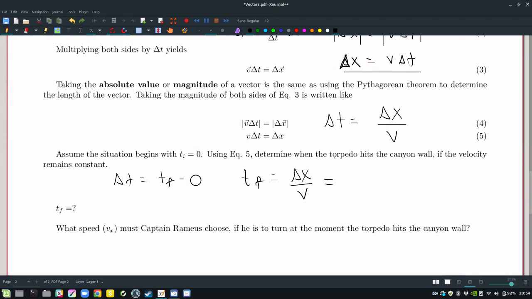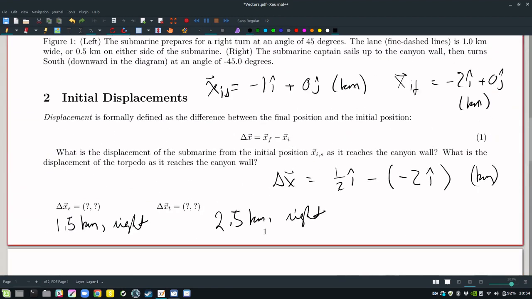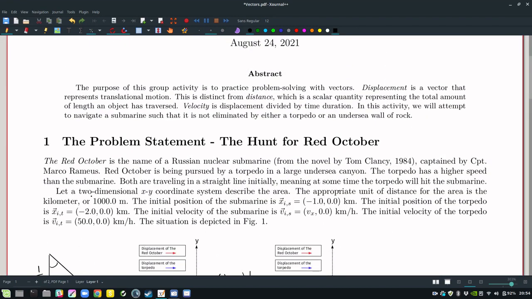It went 2.5 kilometers. So 2.5 kilometers divided by the torpedo is moving at 50 kilometers per hour. It says that back on the first page right here. The initial velocity of the torpedo is 50 in the x direction. What are the units? Kilometers per hour.